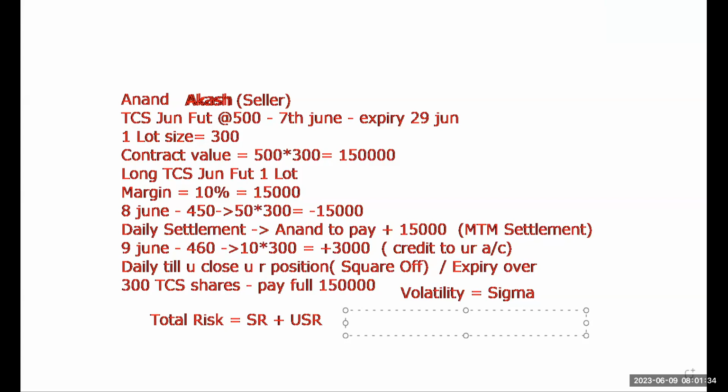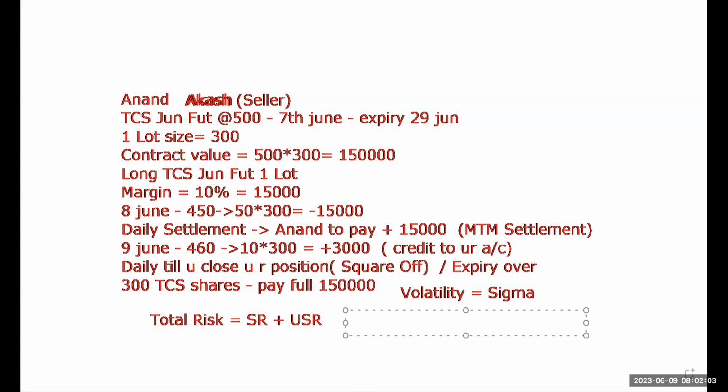Sir, I have a question. Please. When Anand incurred loss, he paid 15,000 to the exchange. And when Anand incurred profit, Akash paid 3,000 to Anand, sir. Then the exchange is getting nothing.